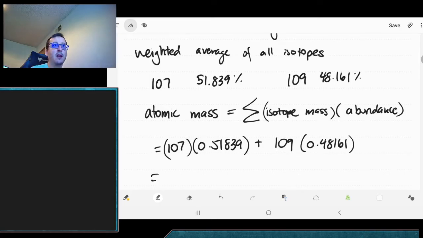If we do this math, 107 times 0.51839 plus 109 times 0.48161, we get 107.96.